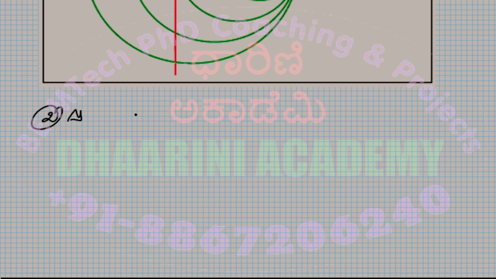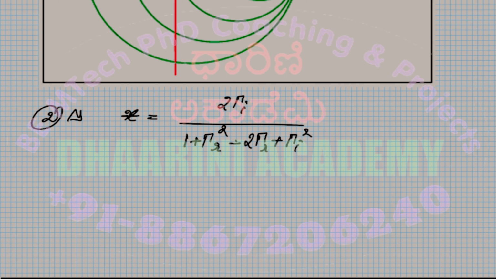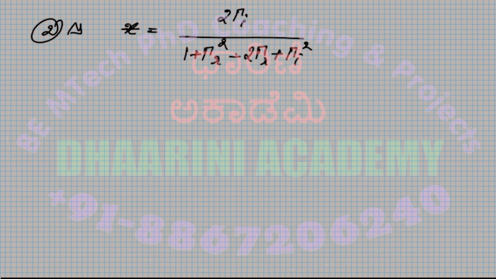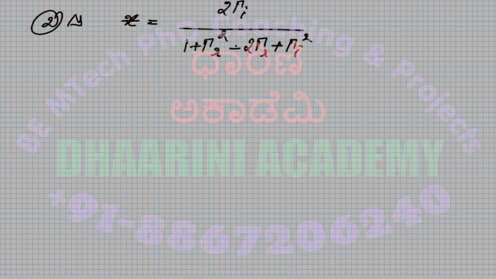That says that the imaginary part of the impedance, that is x, is given by 2 times gamma I divided by 1 plus gamma r squared minus 2 times gamma r plus gamma I squared. Let's manipulate this so that we can try to get the equation of a circle.